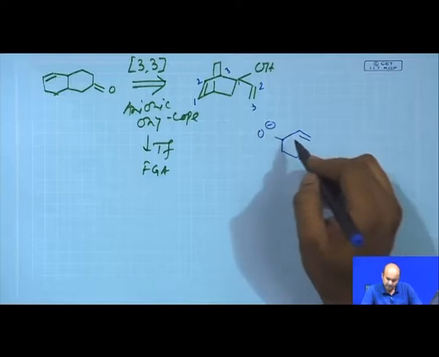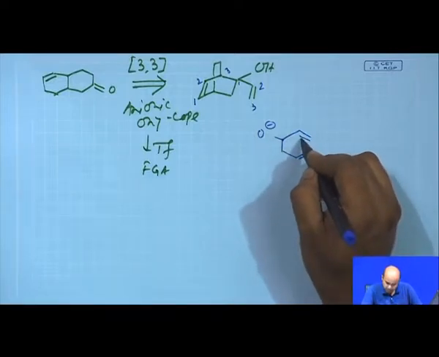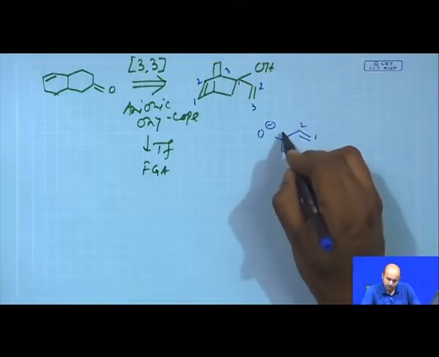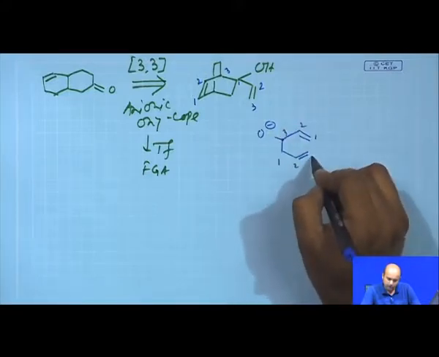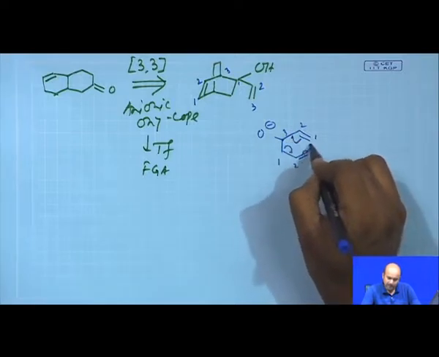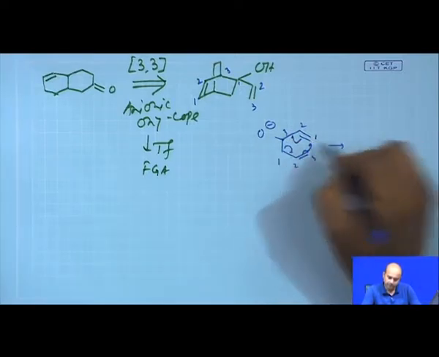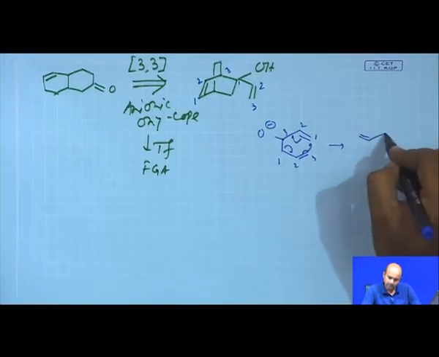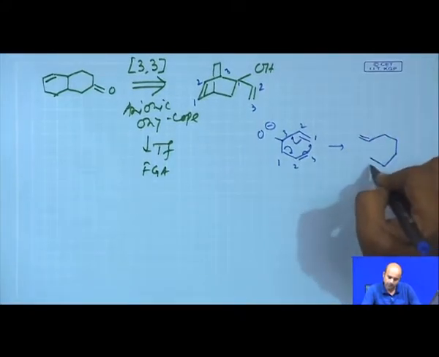Okay. Then basically this pi, this 1, 2, 3, the sigma bond and pi bond will react, and finally you will get a product something like this.